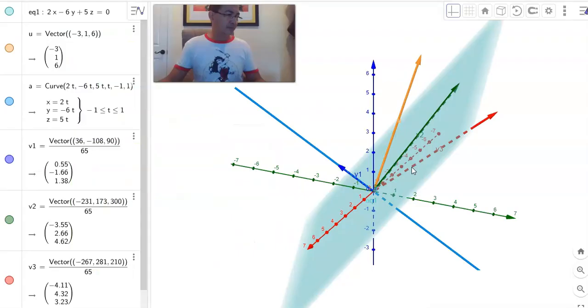But let's take a look anyway. Ooh, so pretty. Just kidding. So here we are. It's been a while since we played around in GeoGebra. But let me show you what I've created on this diagram. We have our plane and we have our input vector, except it's called u.